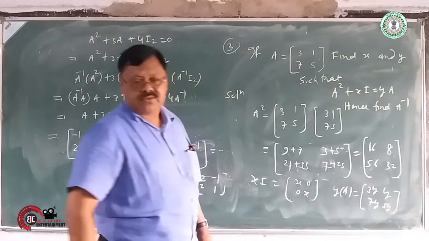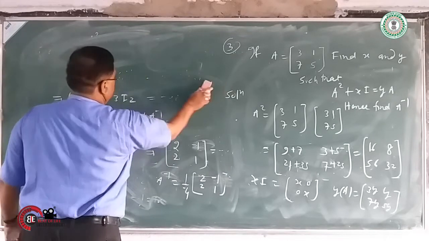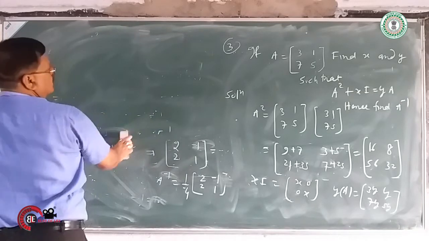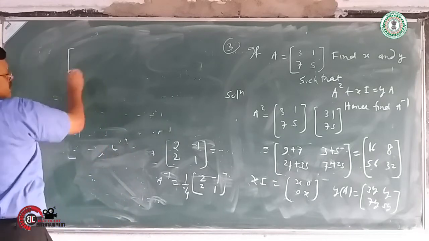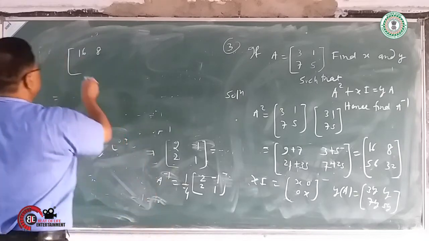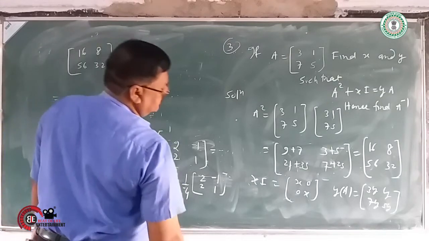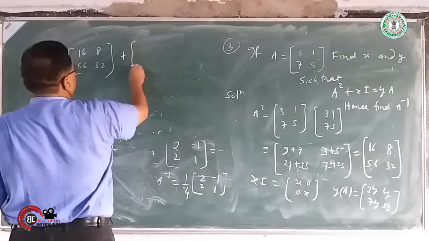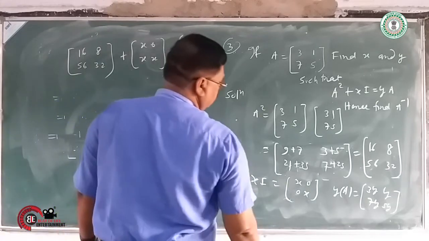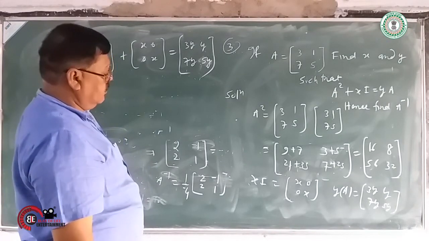Now substitute the values. A square is [16 56; 8 32], plus [x 0; 0 x], equals [3y 7y; y 5y].